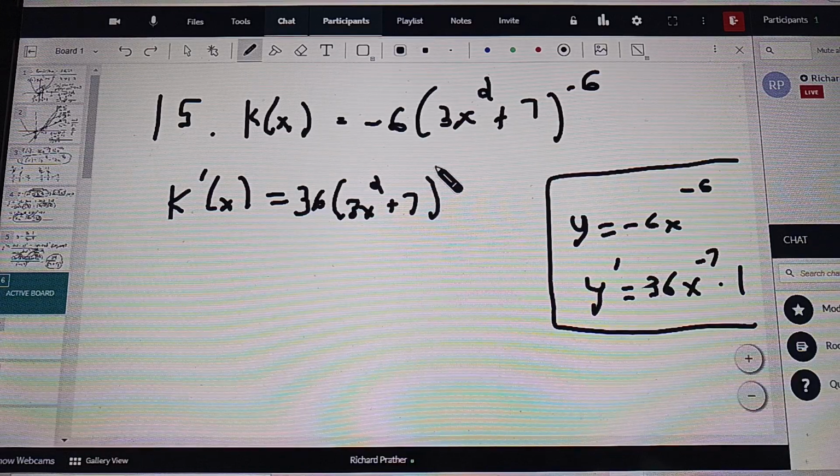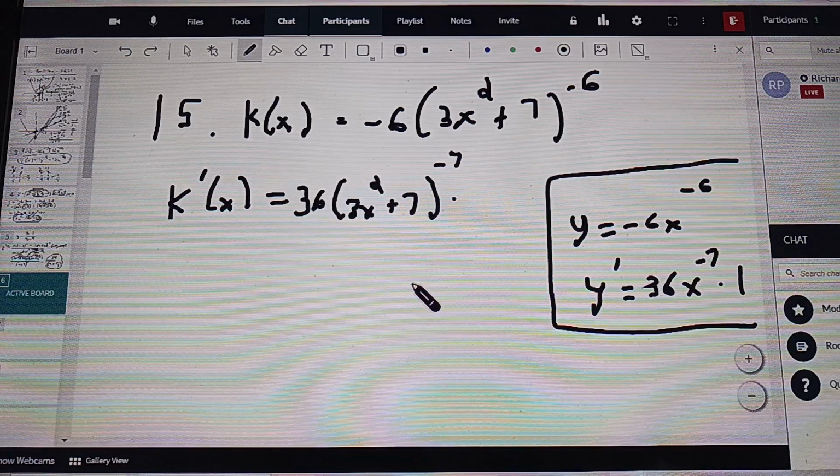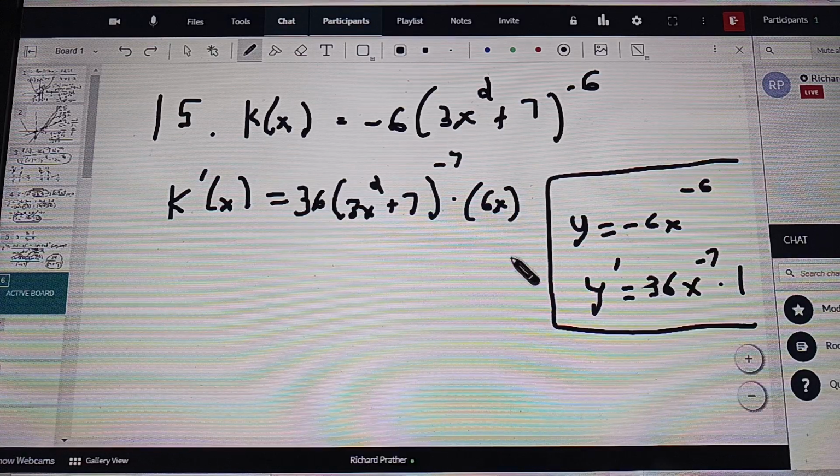So nothing happens to the base at first until you decrease the exponent by 1. And then the chain rule says the derivative of the base also is included in a derivative. And the derivative of this is different than 1. It's actually 6x to the first. So then it gets chained onto the answer. But it really happens all the time, even when it's a 1. It's just we ignore it when it's a 1.